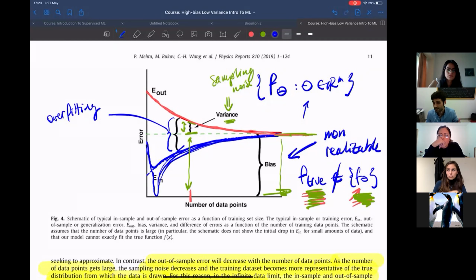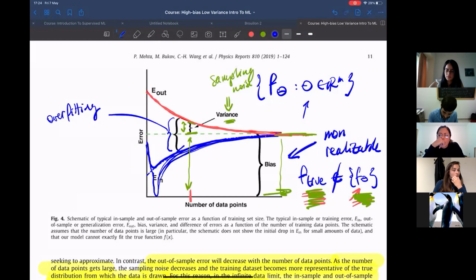Which means that on the training data you are actually mostly fitting noise, something which you will not find in the test data because this is pure noise. So if this difference between training and test error is high, you are in a highly overfitted regime. You are fitting mostly noise.